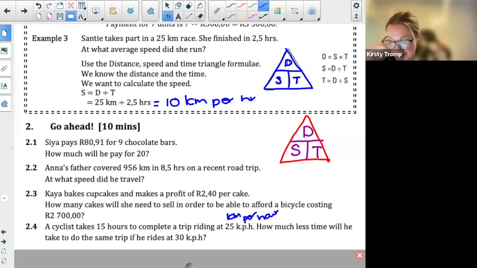How much less time will he have to take to do the same trip if he rides at 30 kilometers per hour? So 15 hours to complete a trip riding at 25 kilometers per hour. How much less time will he take if he does the same trip and he rides at 30 kilometers per hour?